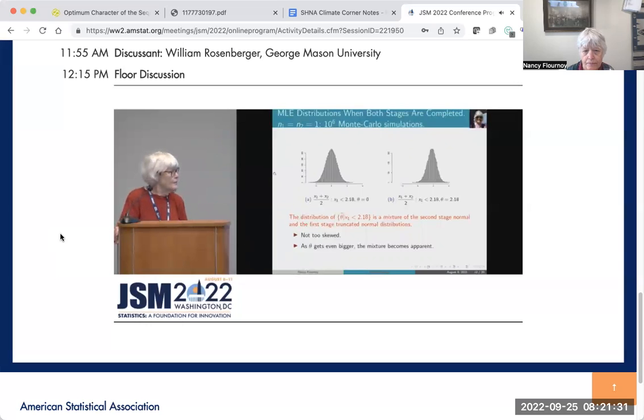Here's the density when you actually complete both stages. And this one on the left is why people feel so comfortable doing everything they do. It's the one that's based on being under the null hypothesis, and that you continued and finished as you planned. It's actually not quite normal, but anybody who does practical statistics would say, well, that's not bad, we don't care.